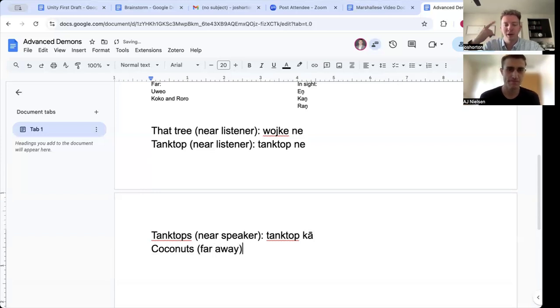Let's break it down. It's going to be an object that's plural, so we know we're not going to use singular or plural people. We're going to use that plural object. Ni is coconut, but to make it plural and far away, we say koko. So ni koko.